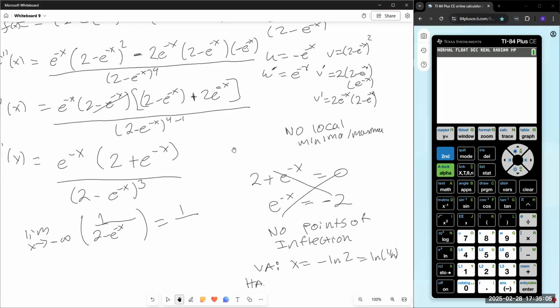So that's going to be 2 minus infinity, which is 1 over negative infinity, which is 0 coming from the bottom.